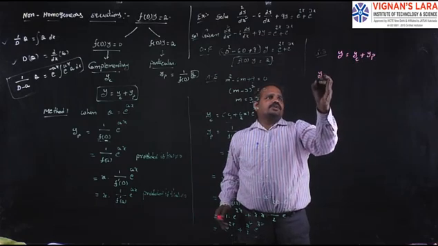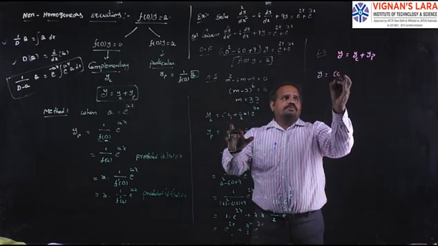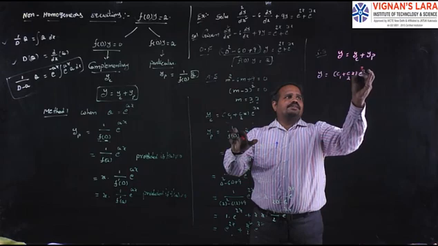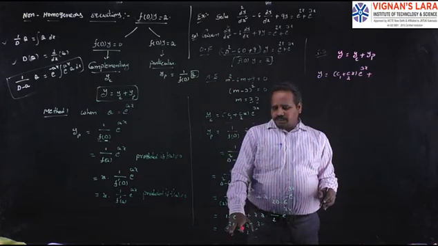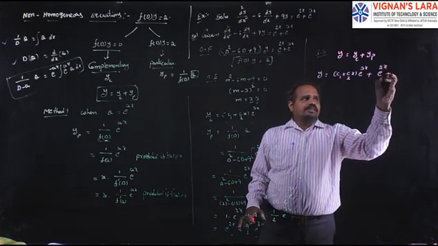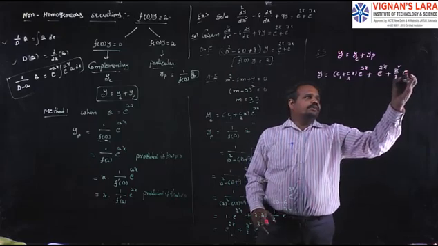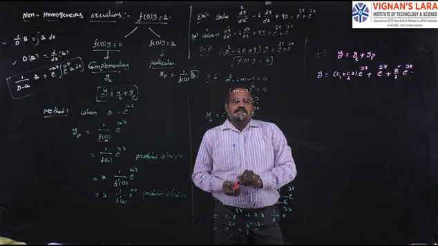What is the value of yc? c1 plus c2x into e power 3x, plus yp. What is the value of yp? e power 2x plus x square by 2 into e power 3x. This is the general solution of the equation.